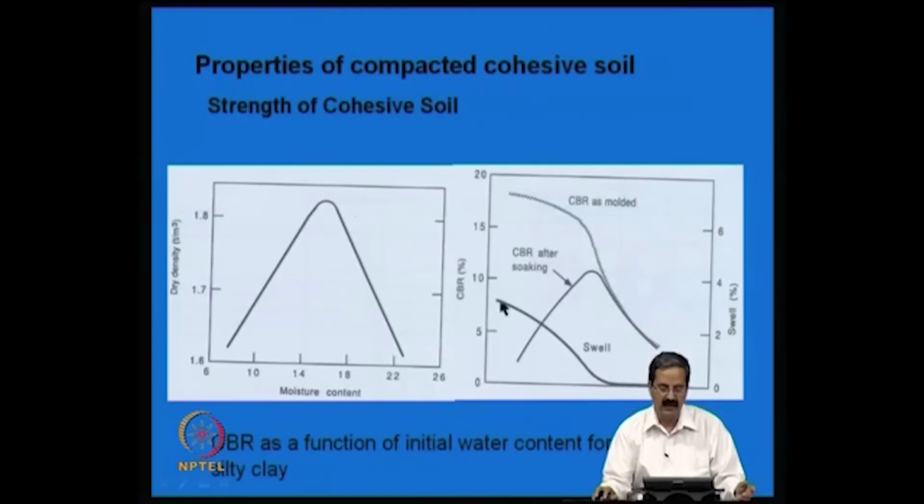In the case of low water contents, the swell is higher, but close to OMC the swell is minimum, and at higher water contents the swell is also minimum. So this is a very important aspect of compaction. We do compaction only because of this reason, so that we do not have abnormal changes in water content or shear strength.